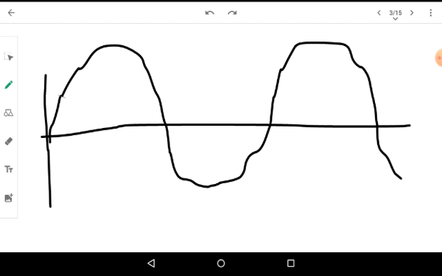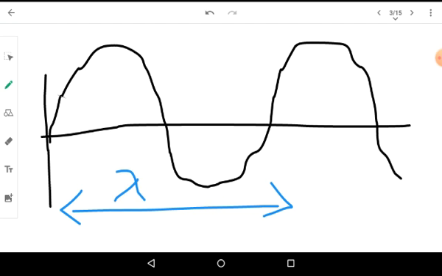The distance between any two consecutive similar points, like this and this, or this and this. So any two similar points, the distance between them is what we call the wavelength. We denote wavelength by the Greek symbol lambda, okay, and this is called the wavelength.